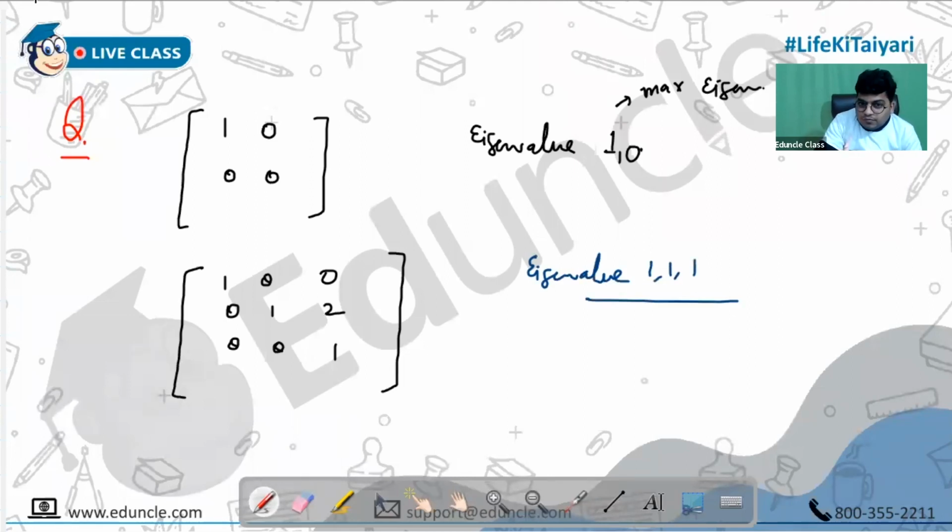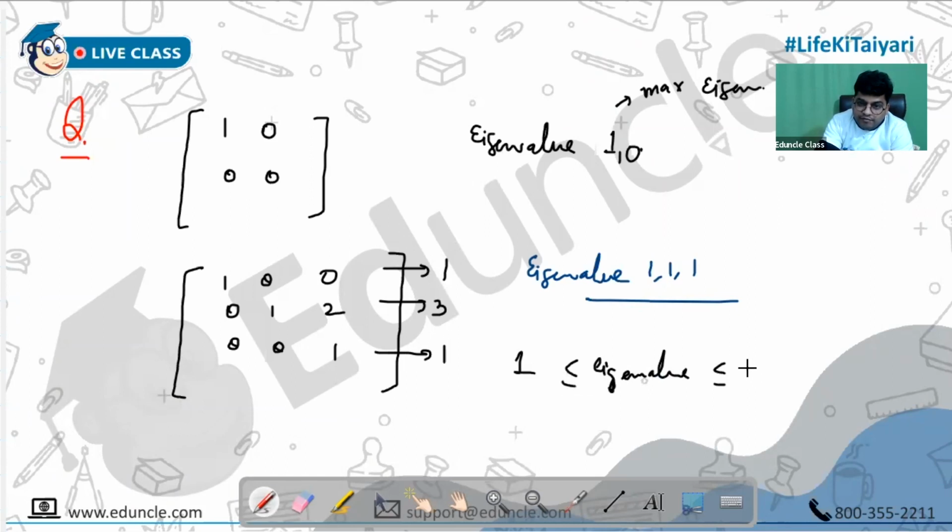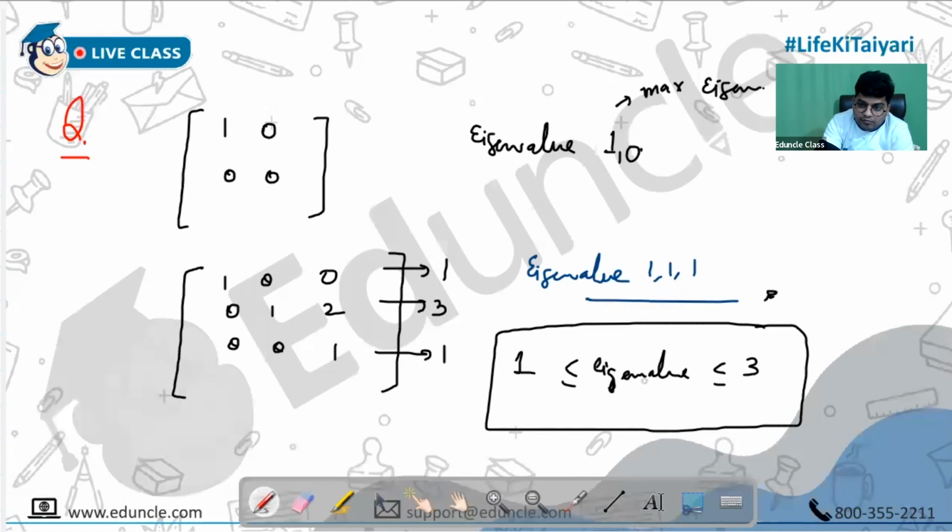Okay, what is the row sum here? 1. What is the row sum here? 2. What is the row sum here? So we can say the row sum gives the eigenvalues. Can I say this? Have you ever studied that the eigenvalue of a matrix lies between 1 and 3, the maximum eigenvalues?